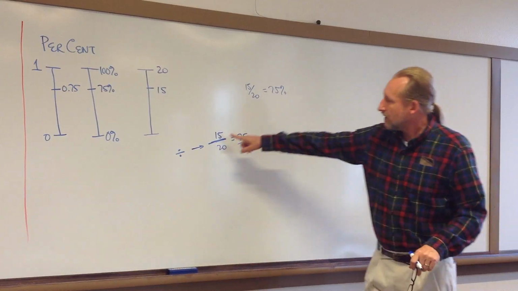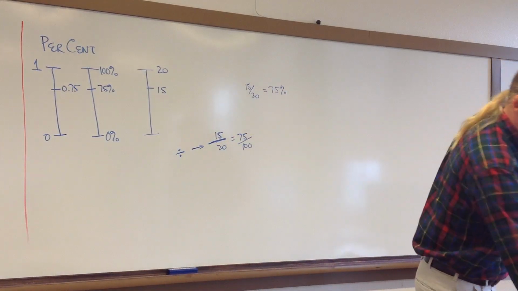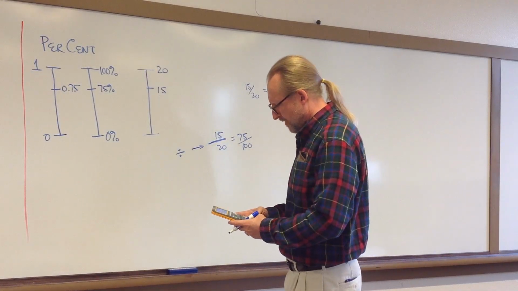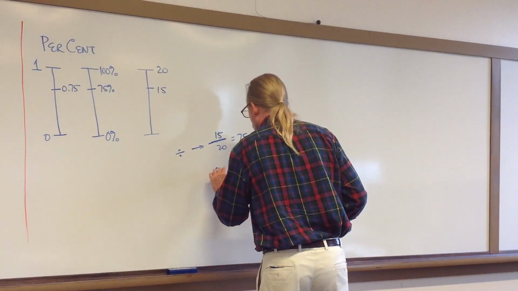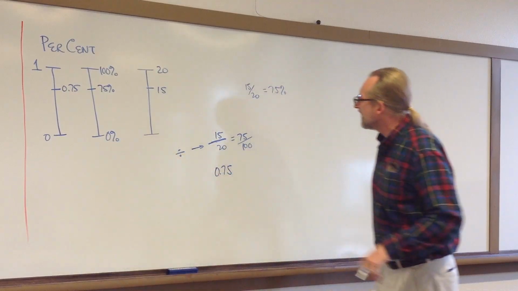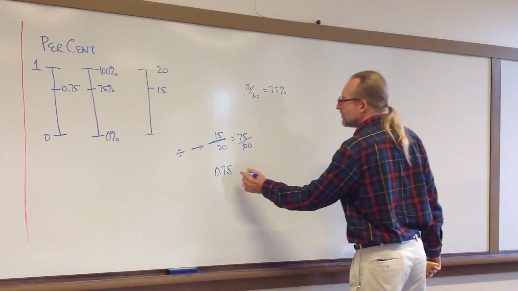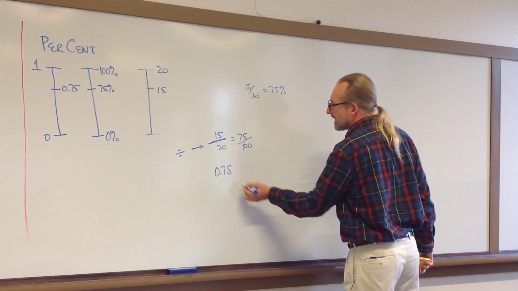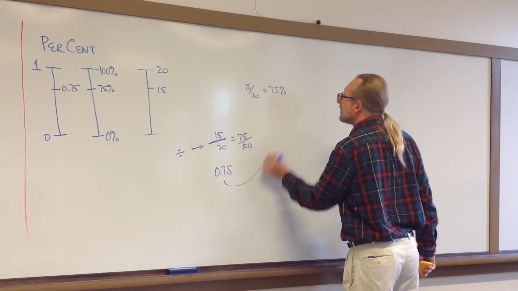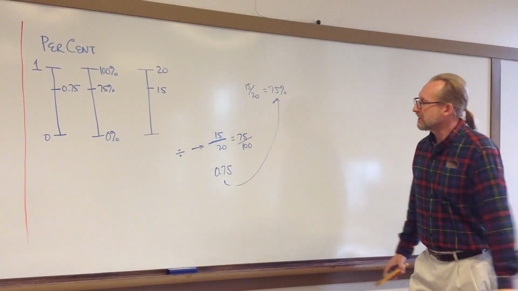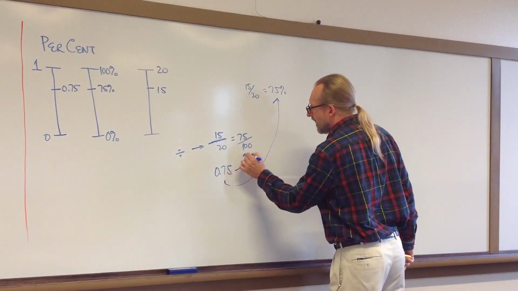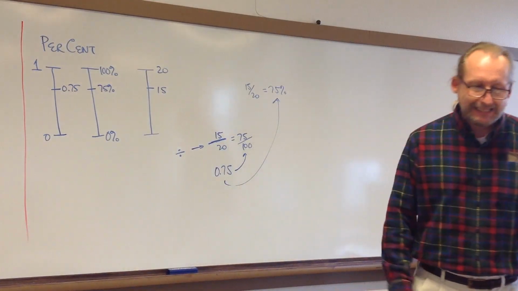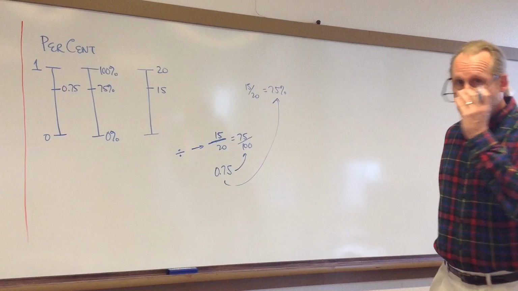So if you want to turn this straight into a decimal, all you have to do is take your calculator and go 15 divided by 20 equals 0.75. Then to make it into a percentage, you just move the decimal point over 2 places. That will be 75%, because this 0.75 is 75 out of 100. So these are some basic ideas for percentages.